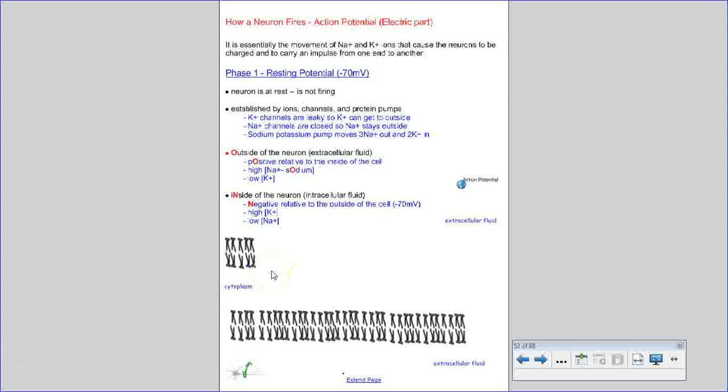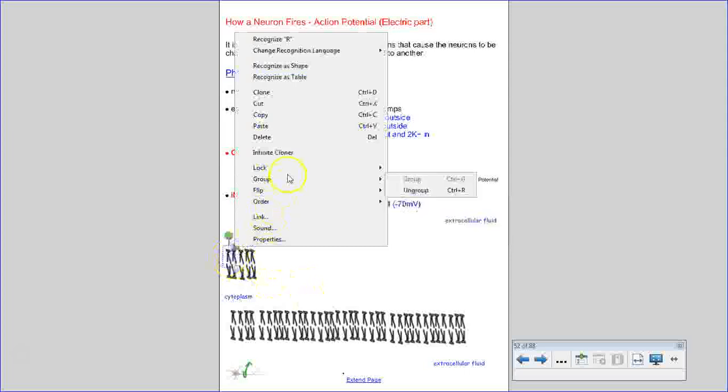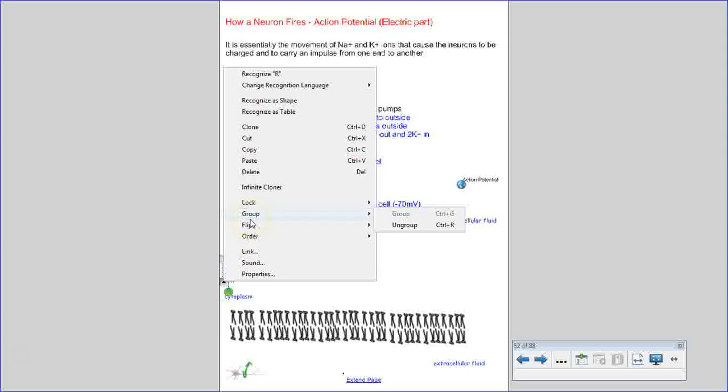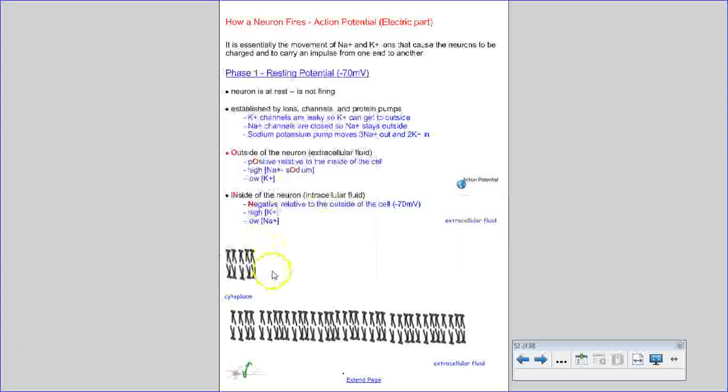Now, what they do have embedded in the cell membrane are certain proteins, again, that have certain jobs.